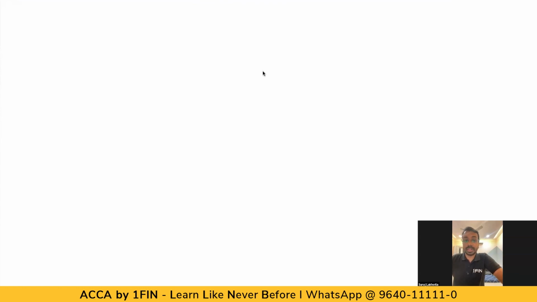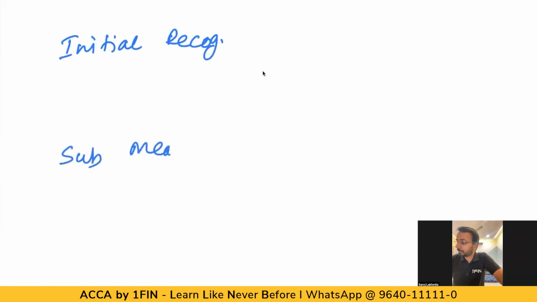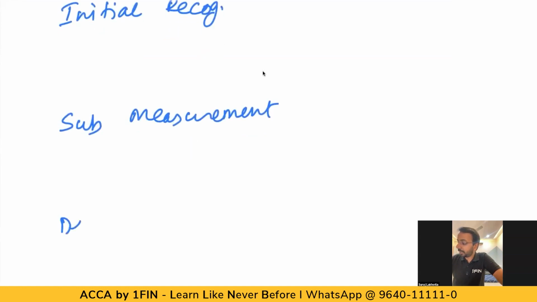Okay, so now whenever we look at any accounting standard, largely for assets and liabilities, you have initial recognition, then we have subsequent measurement, then we have de-recognition. Now, what is the meaning of this?